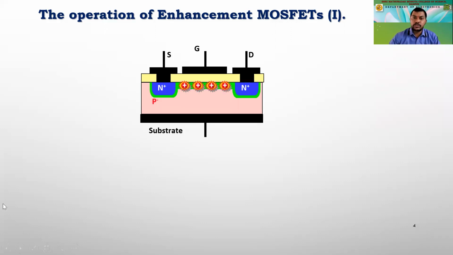Similarly, in the enhancement MOSFET also, we are going to have this type of structure. Now, if you see in between these two N channels, we are having this green layer, which we are calling a depletion layer, and these positive ions, because this is all doped with a P-type substrate. So we are having positive holes initially.